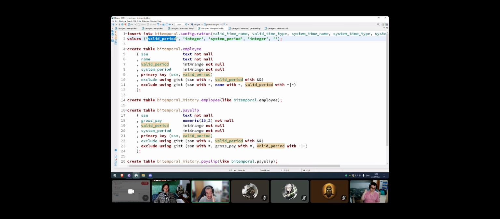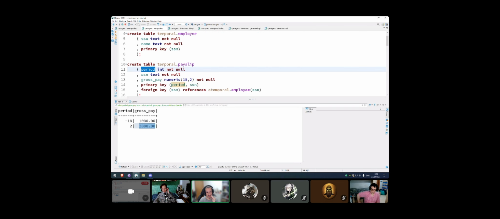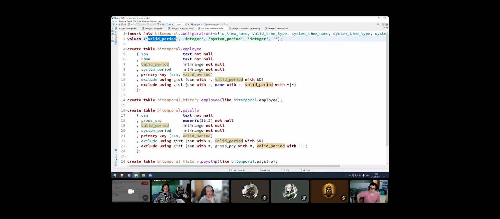If I understood your question, this valid period is the equivalent of period here, but the type is not, right? It's time range I'm using. Okay, but that's the implementation detail. And here, system period is doing the "when we learned the thing".